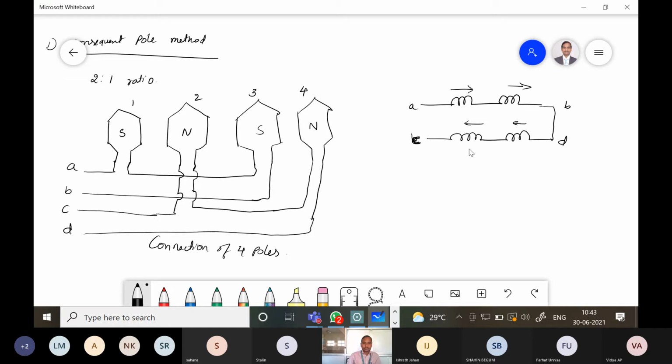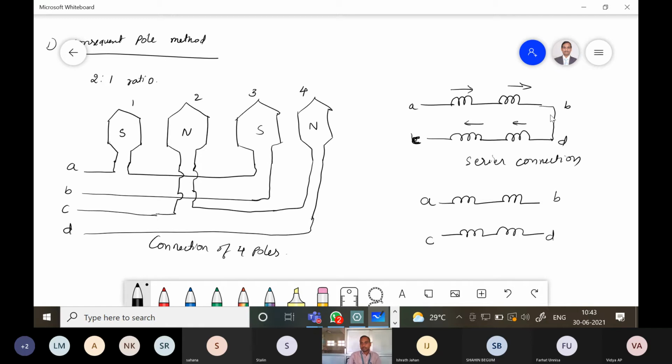We can also connect in parallel combination. This is the series connection. Similarly, you can connect the same circuit in reverse order. So this is A, this is C, this is B and this is D terminal, same as it is.